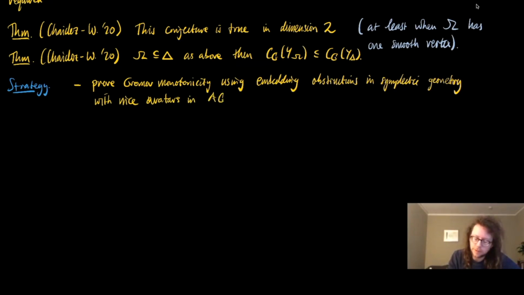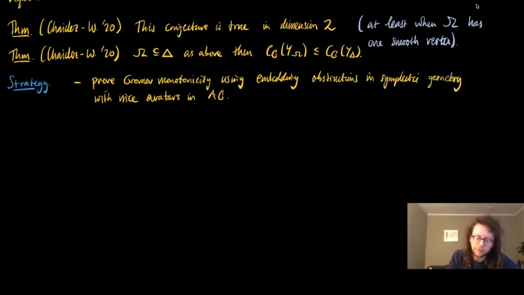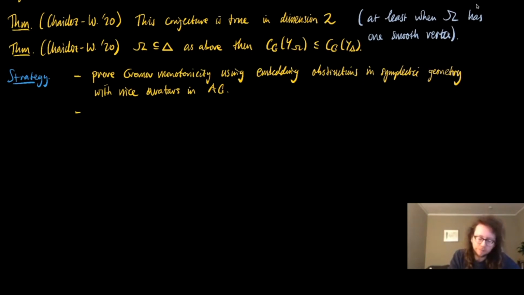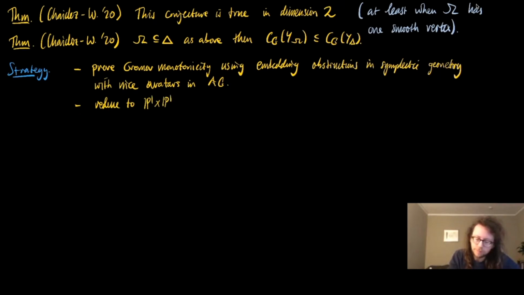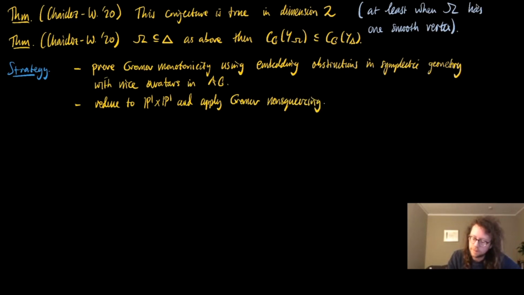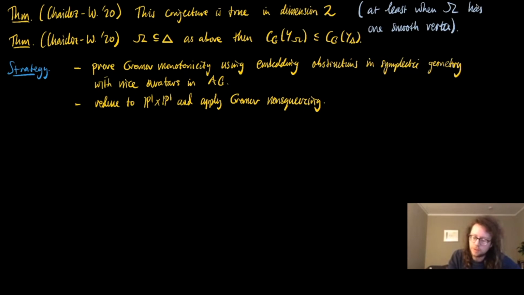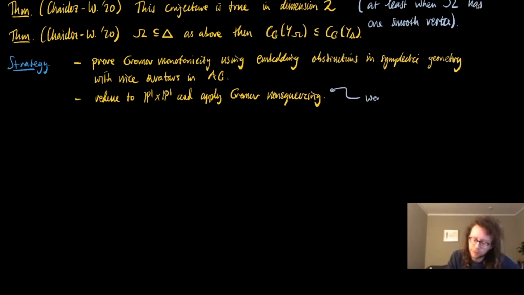And this nice relationship means we get to pull stuff from some powerful embedding results in the symplectic world into the algebraic setting. And then the second, like I said, is reduce to P1 cross P1 and apply Gromov non-squeezing. And this step I almost certainly won't talk about.